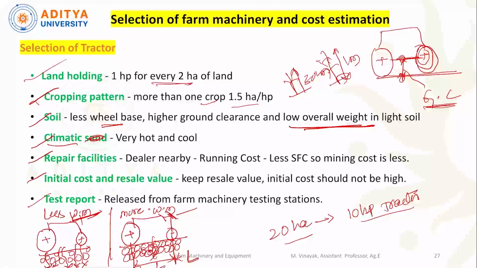Why? Because of the climate, the atmospheric temperature is very high compared to the northeastern or north side. Coming to very cool places, the north side of India, they can go for the air cooled engine. So based on our climatic condition, we need to select the machine also.